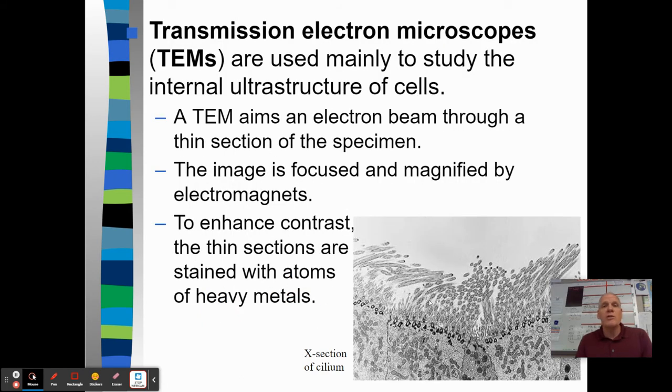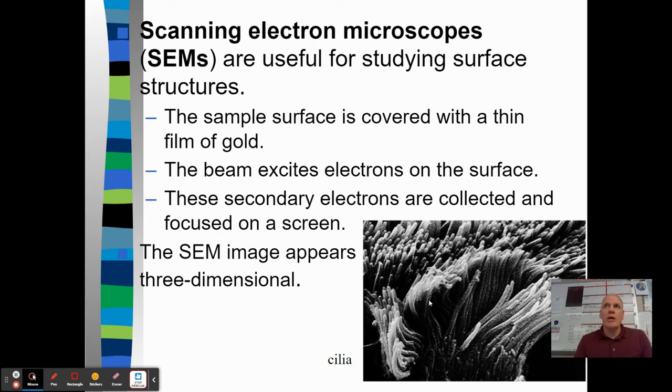That's where we use electron microscopes, and there are basically 2 types. We have a transmission electron microscope, which is great for looking at the internal structure of a cell. Then there's a scanning electron microscope, and you can look up some of these images online.